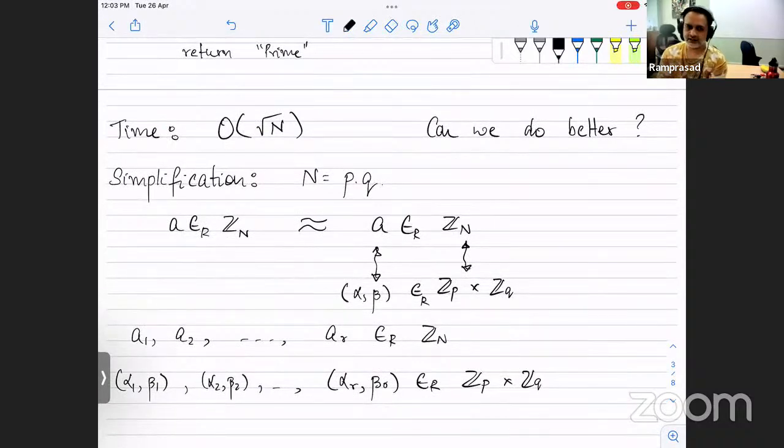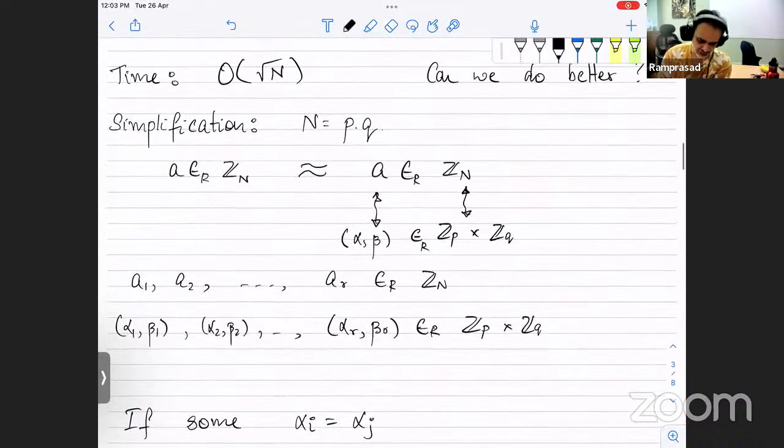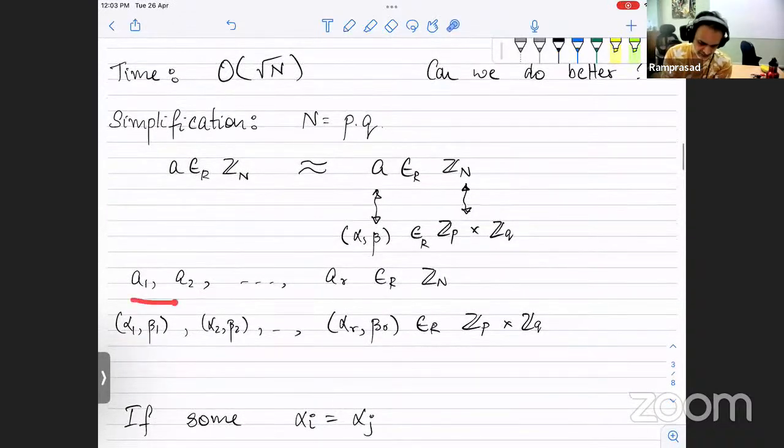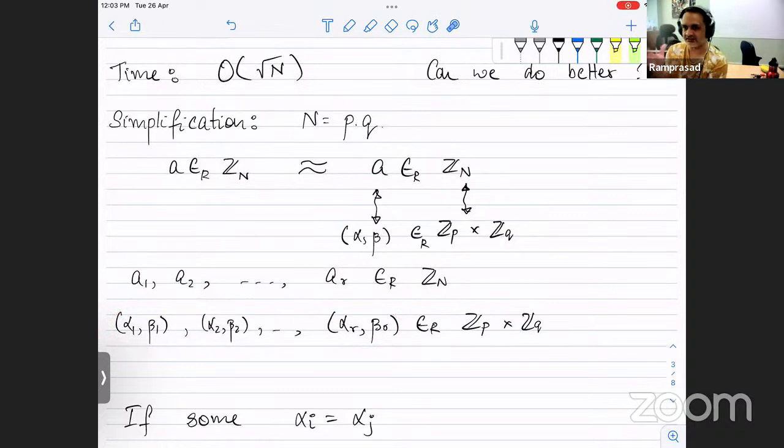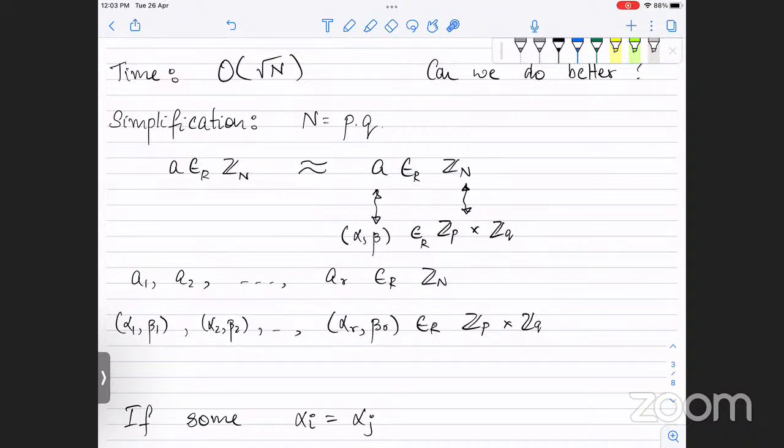Now, here is a question. Suppose I have picked a bunch of A1 through AR, and there is a representation in terms of the Chinese remainder theorem made up of these pairs, alpha 1, beta 1, alpha 2, beta 2, and so on. Suppose it so happens that the first coordinate in the ith one and the first coordinate in the jth one happen to be the same, while beta i and beta j could perhaps be different. That has to be right because it's an isomorphism.